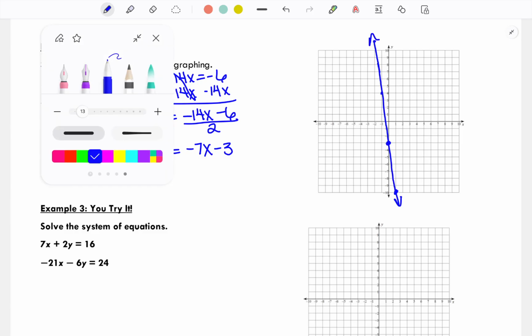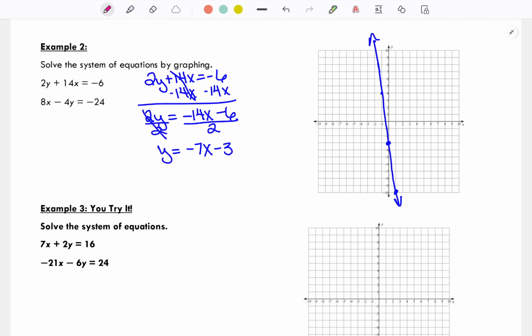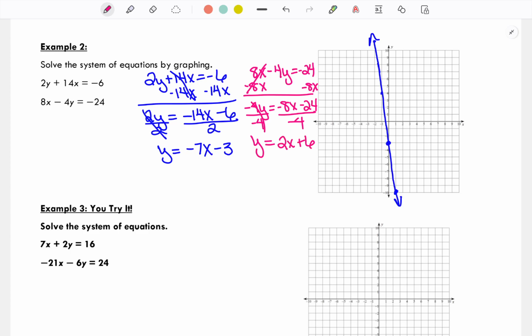And then we have our other equation. So we have to subtract 8x. We're going to divide by negative 4. So y equals 2x plus 6.